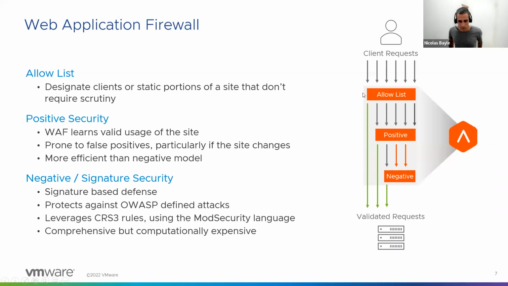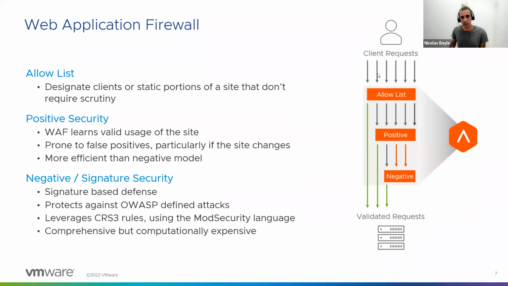Let's say you have an application, and for this application, you have some images, right? So you know that if the traffic is going to /images, it's going to a specific pool, and you know that for this specific pool, there is no risk of an attack that can be blocked by the web application firewall.